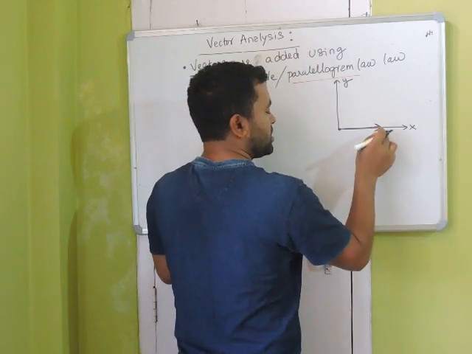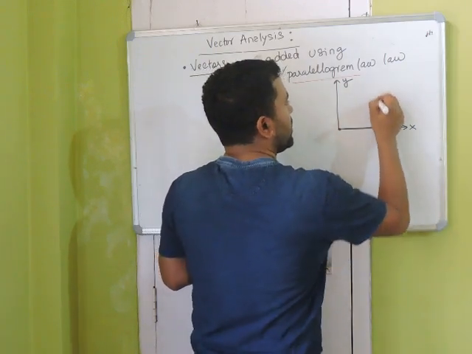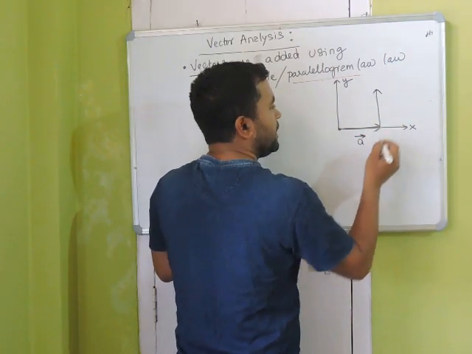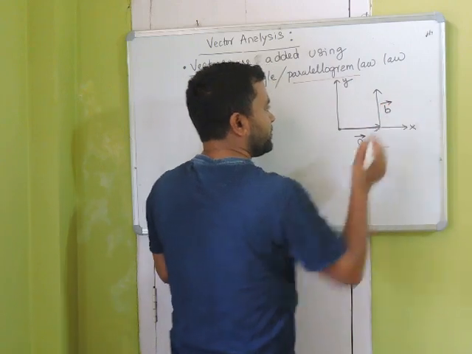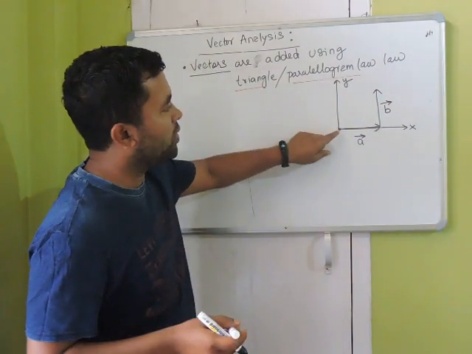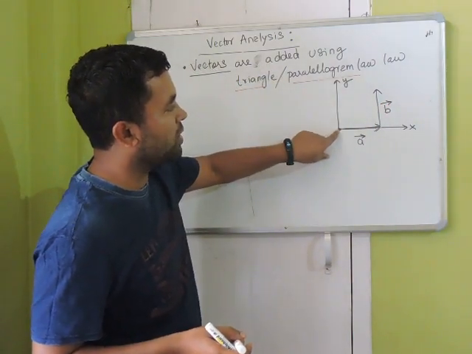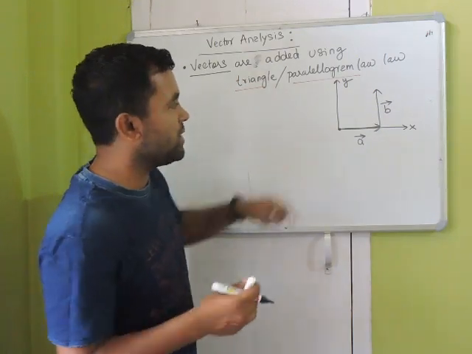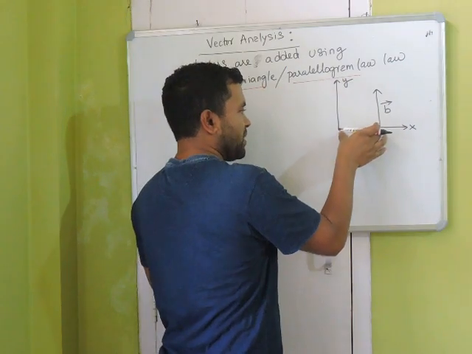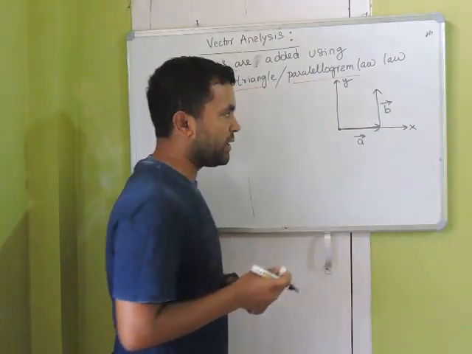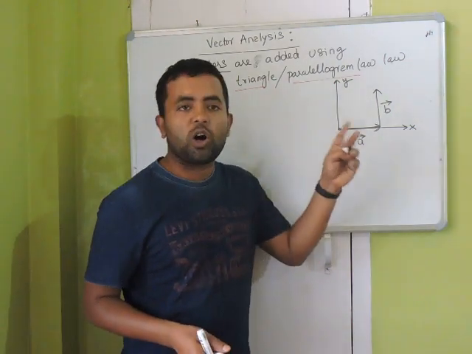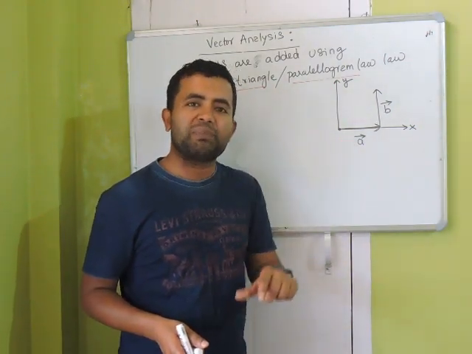You went this much in this direction, then you went this much in this direction. We are calling this vector A and this vector B. Suppose this is your house or any place and you moved this much in this direction and this much in this direction. Now the question is how far you are from the origin, or what is your displacement.